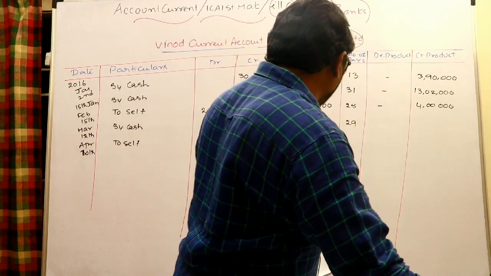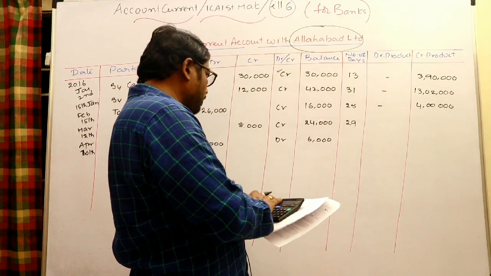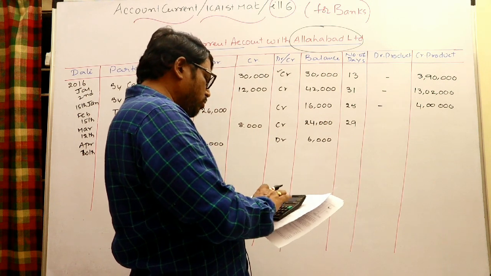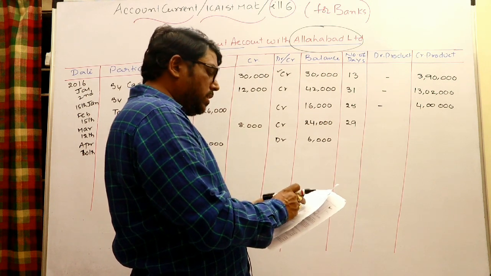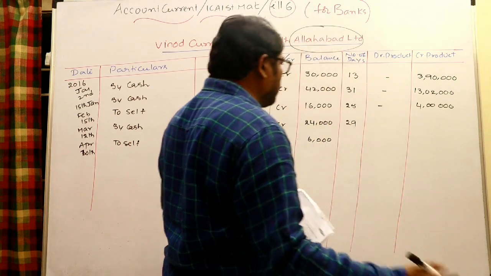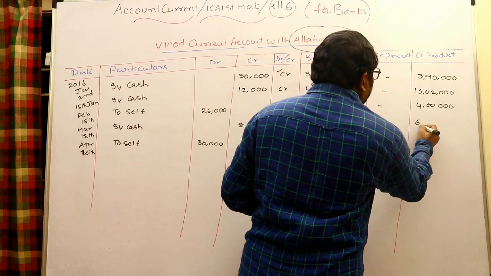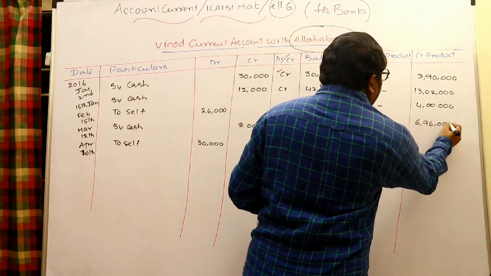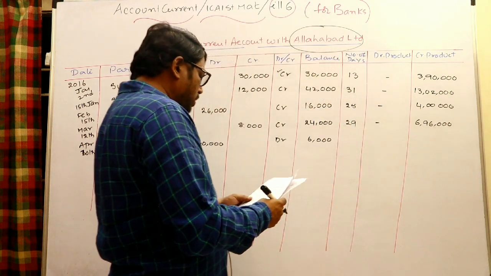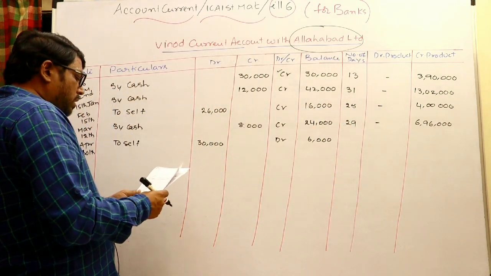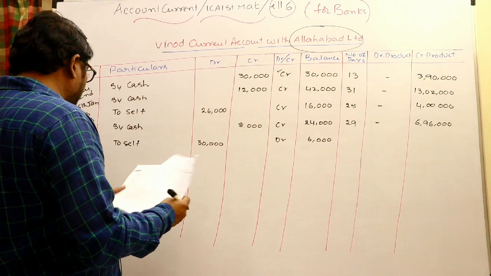Therefore 24,000 into 29. The product is 6,96,000, credit product. To calculate interest for 6,000, we should wait for the next transaction.